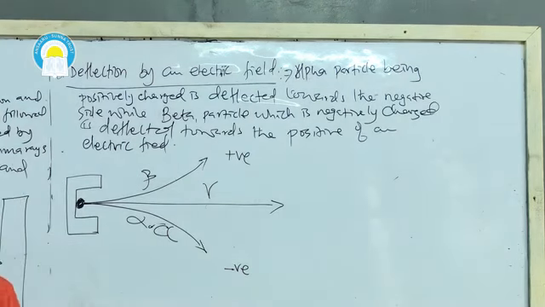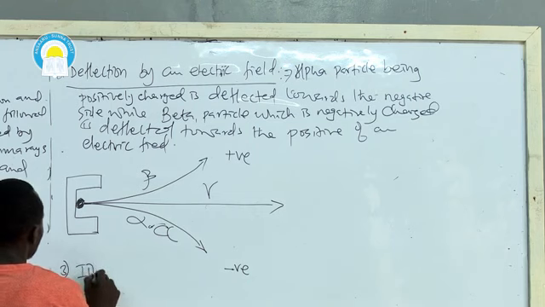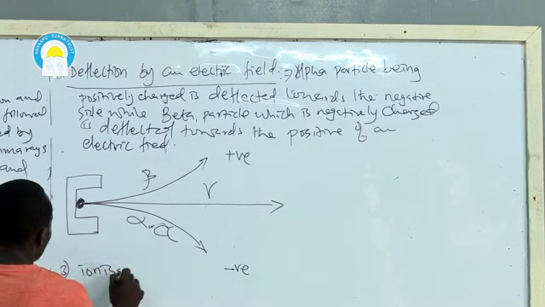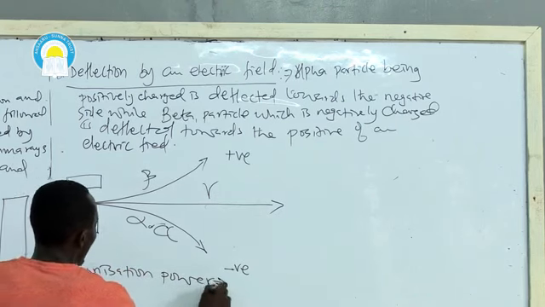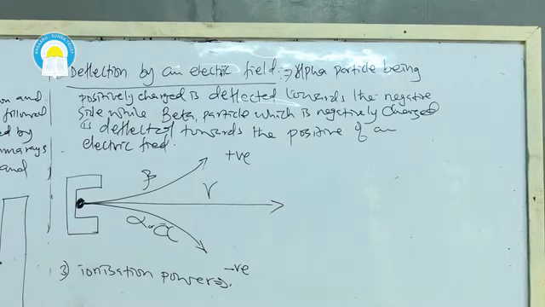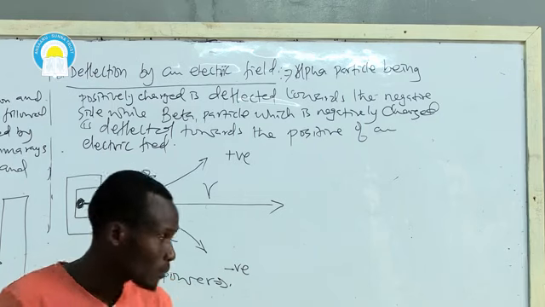And the last property, the third property, is ionization power. When we talk about ionization, how are they able to form ions when traveling in air?